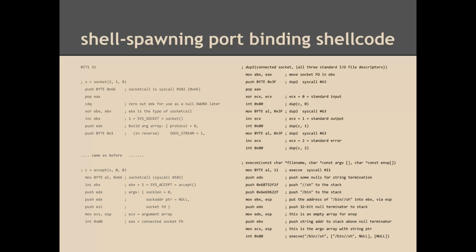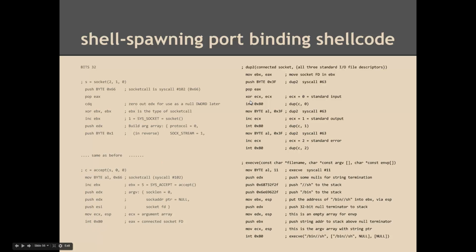So in order to get all the bind, listen, and now accept shellcode to actually spawn a shell, what we're going to have to do is use dup2. We're going to call it 3 times, and we're going to call on the new socket file descriptor this return from accept.